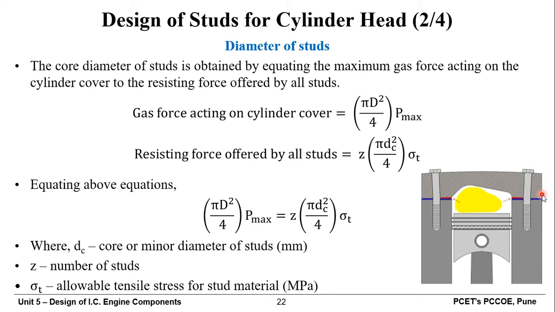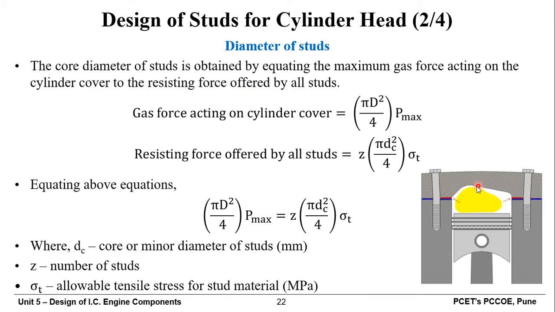And for that, by using that internal pressure and the force exerted on the cylinder head, we can calculate the core diameter of the stud. That is done by equating the maximum gas force acting on the cylinder cover or cylinder head to the resisting force offered by the studs.